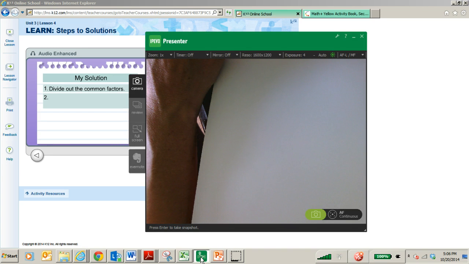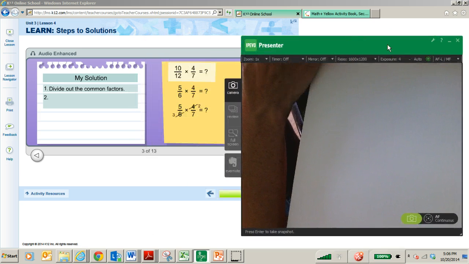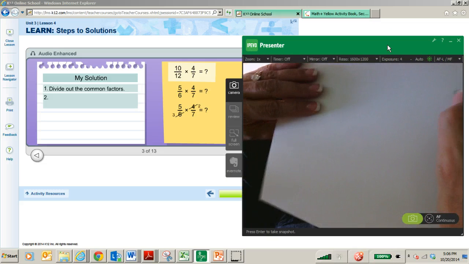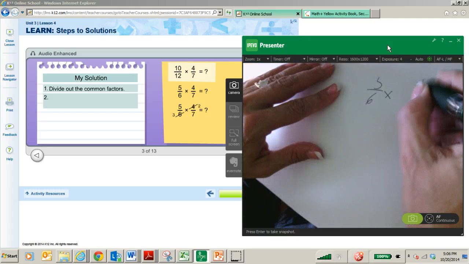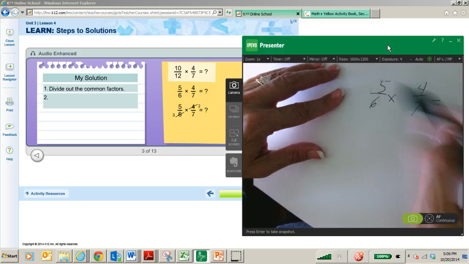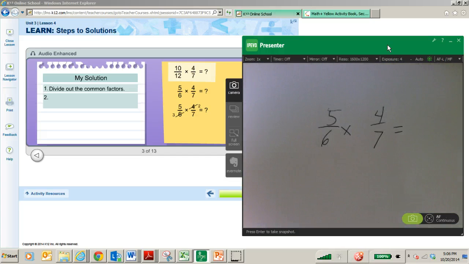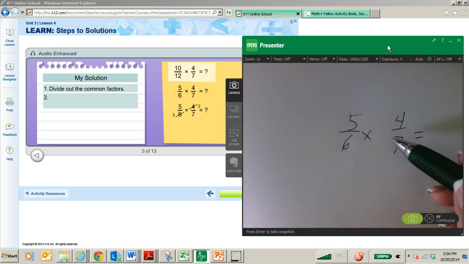So let me just show you a little bit about what I'm talking about. So if we have 5/6 and we multiply times 4/7, if we just simply say, oh, 4 and 6 can both be divisible by 2, and let's just cross simplify, that really is kind of complicated for students to understand.